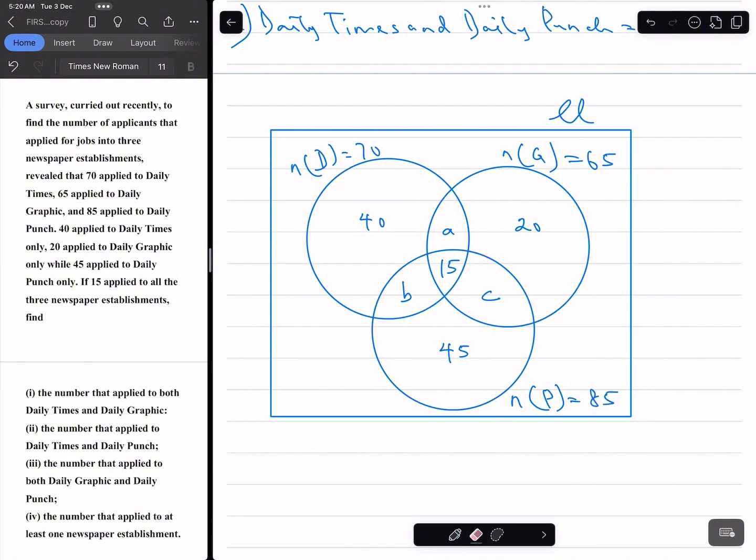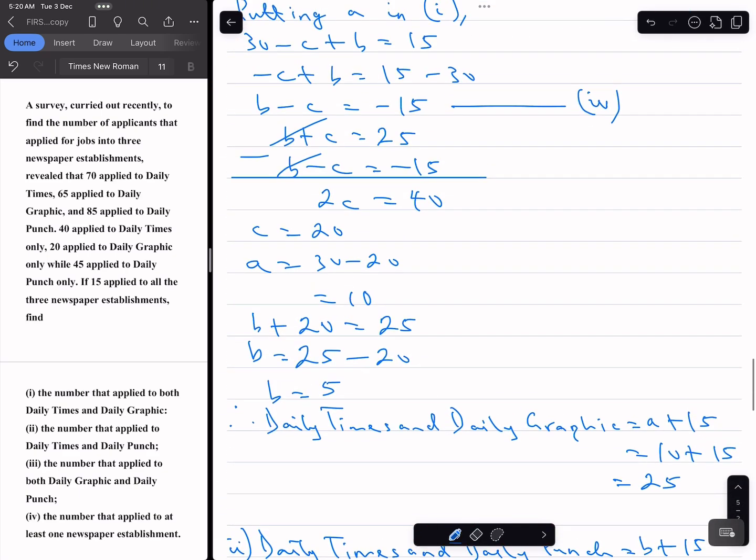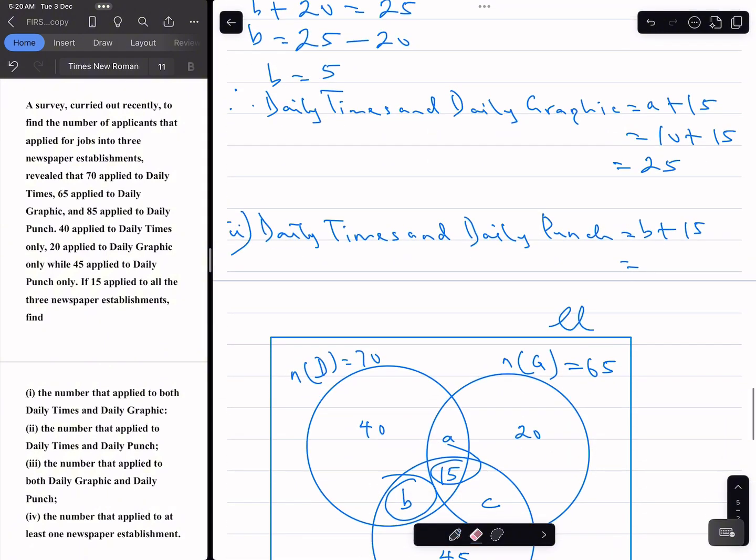The whole of this, B plus 15, which is equal to, what is B? B is 5. That's 5 plus 15, and that's 20.